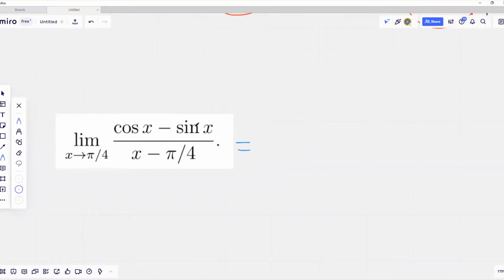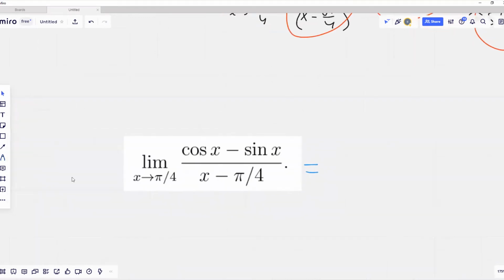Let's try to work with the numerator a bit, and let's again try to bring this into the form of sine of x over x. So let's recall the formula for sine of difference of two angles.